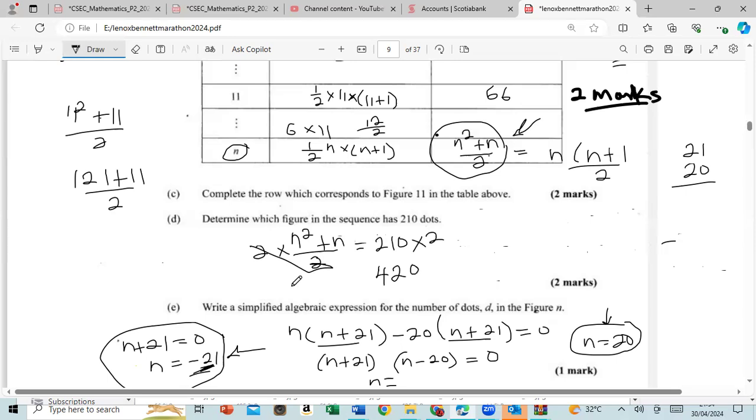I still have n squared and n. So I subtract 420 from both sides, because when I see it like that, I think, factorize it. So that'll be n squared plus n minus 420.